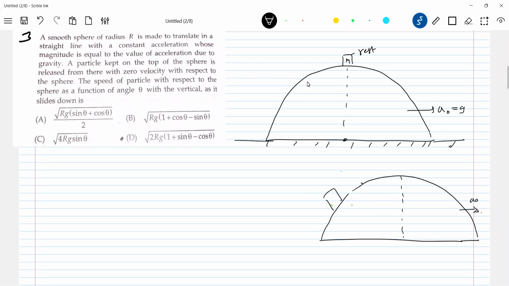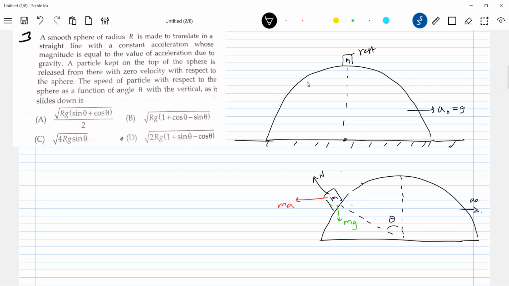Let the block be here, and this is that angle theta. So what are the forces responsible for the displacement of the block? ma, mg, and the normal contact force N. So these are the forces that are acting.